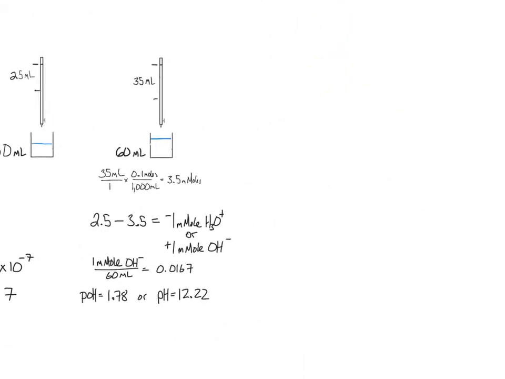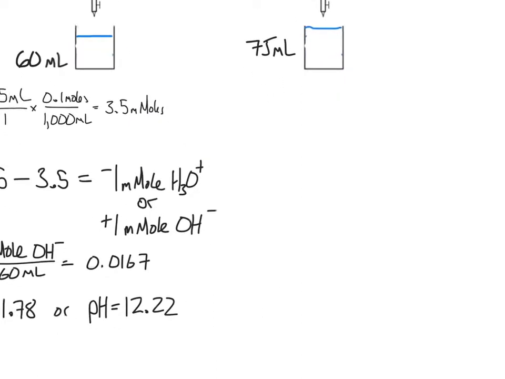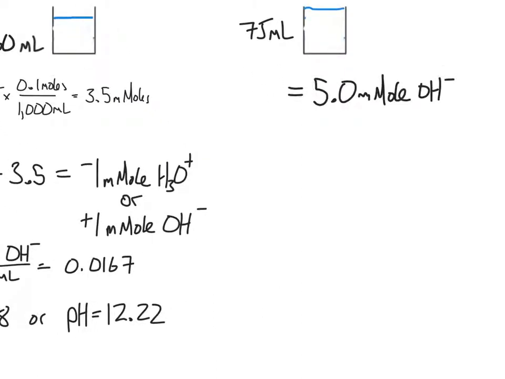In the final step, we're going to add 50 milliliters of sodium hydroxide solution to the beaker. After adding 50 milliliters, we will have added a total of 5 millimoles worth of hydroxide to the beaker.